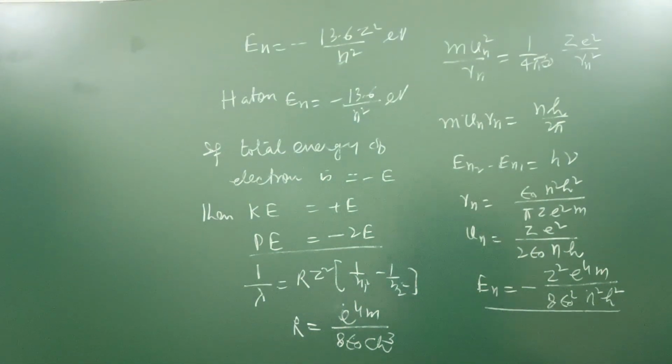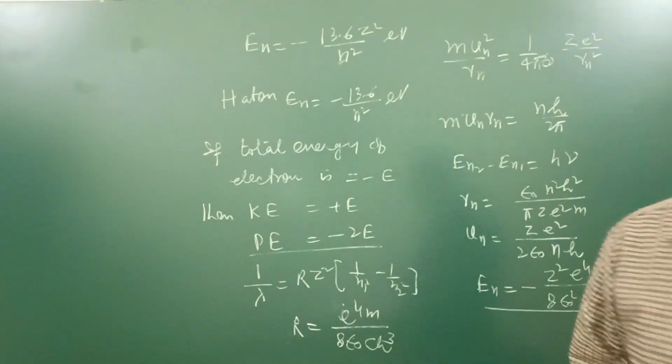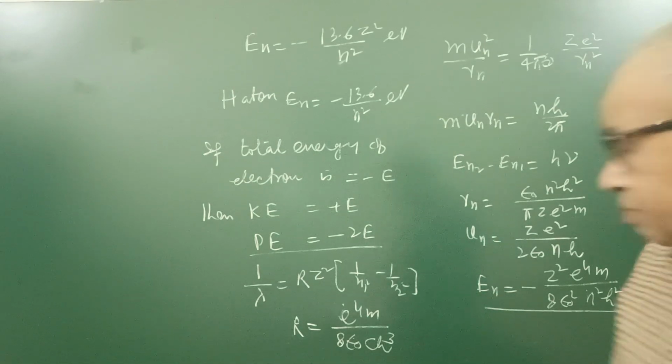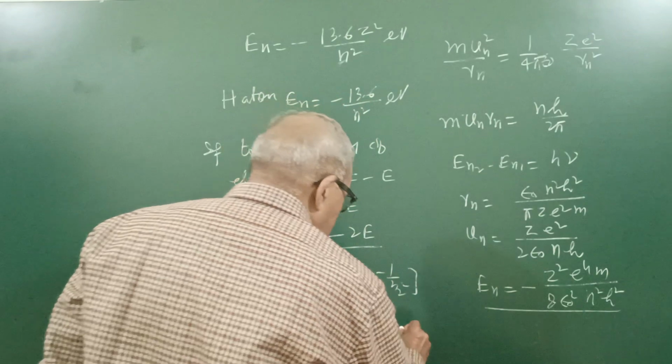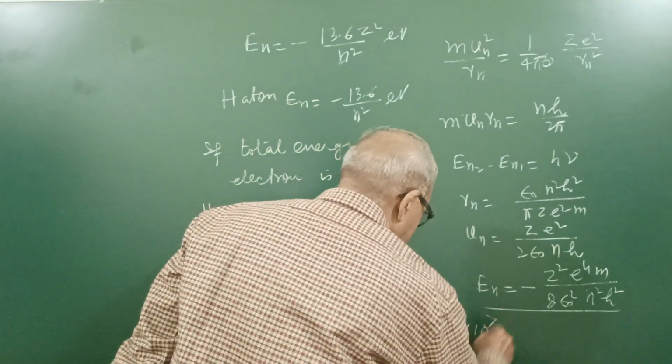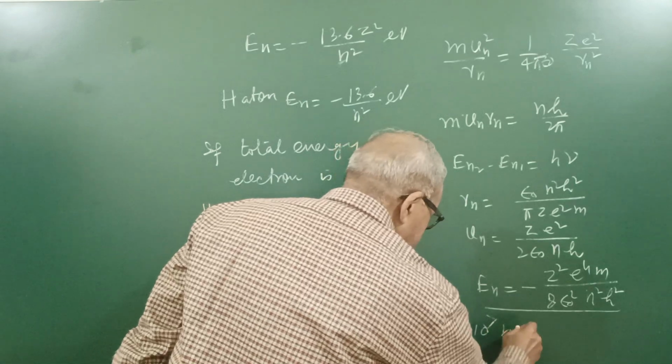By putting the values, its value comes to 1.09 times 10 to the power 7 per meter.